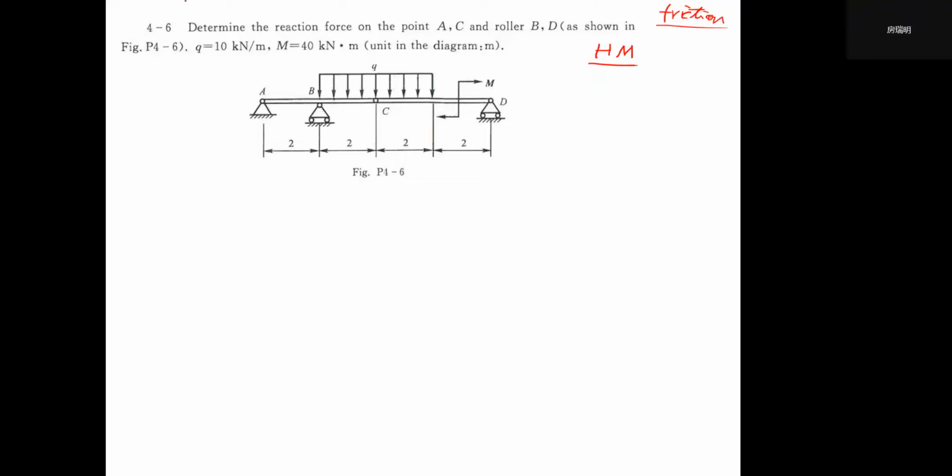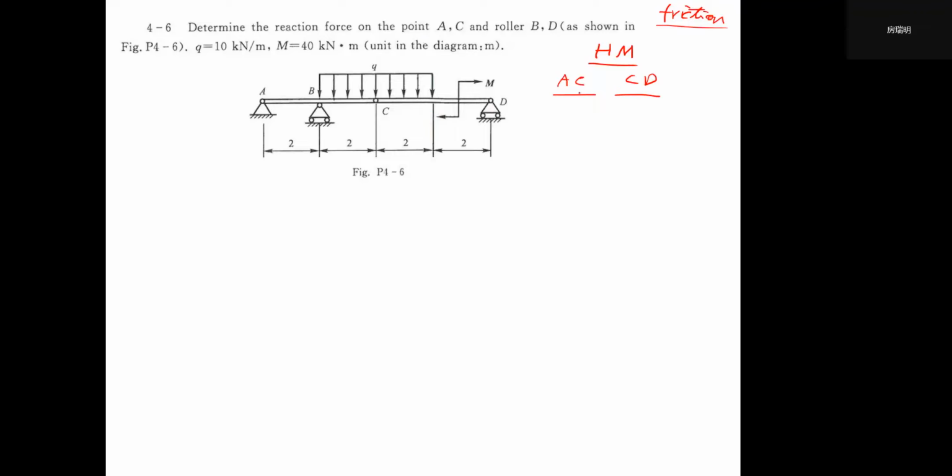So first, please see this picture. It asks us to determine the reaction forces at points A and C, and at rollers B and D, right? As shown in this picture, we can call this a plane force system, because we have bar AC and bar CD.